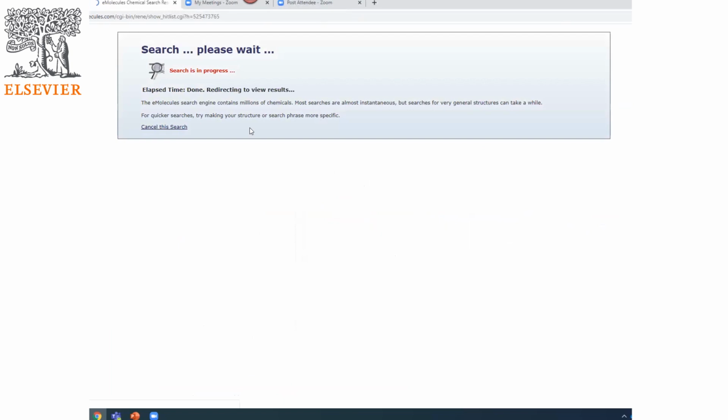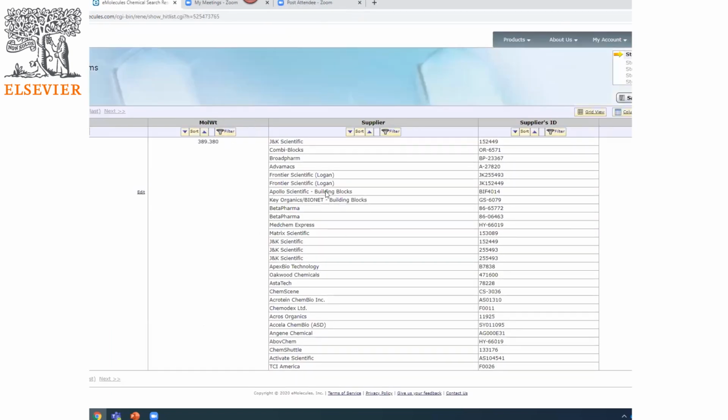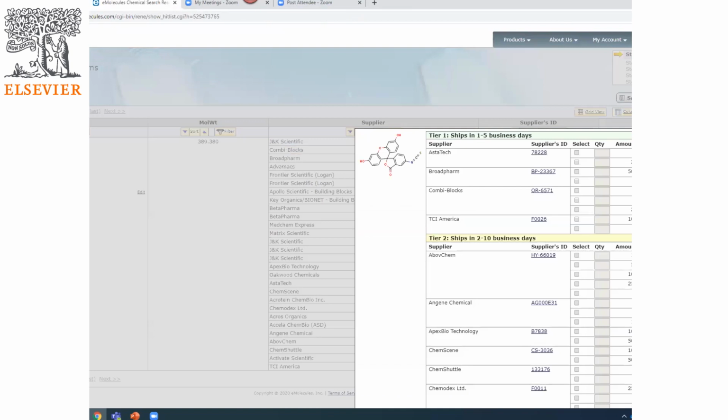Just click and the system will go to the appropriate supplier database, and you should have information about suppliers. From this shopping cart in eMolecules, you need to follow the substance, but also you see that information about the price of this compound is already available.